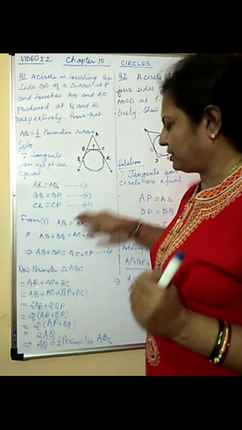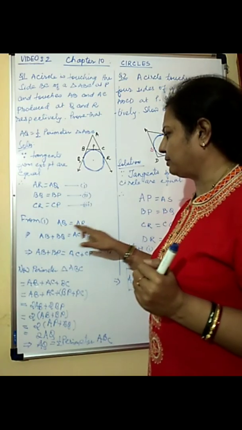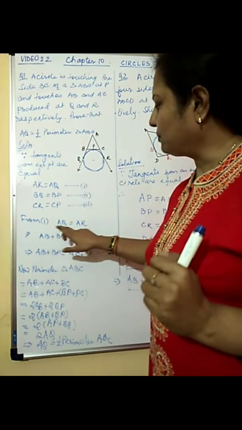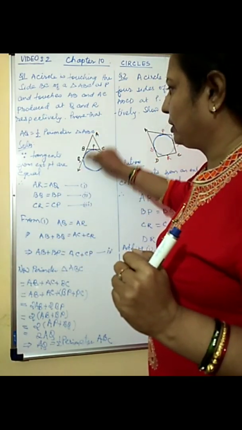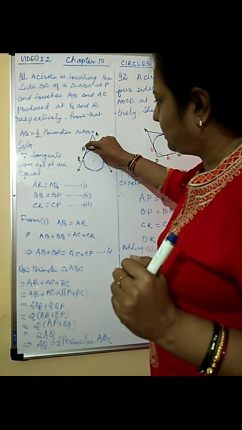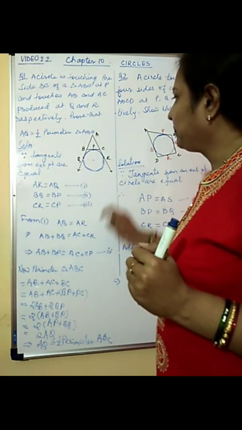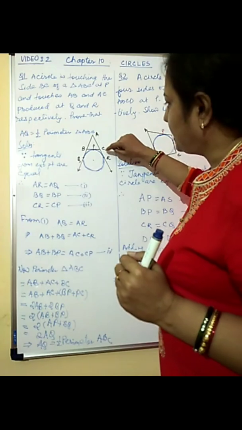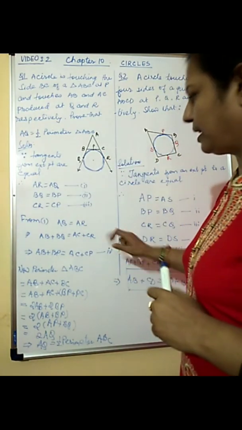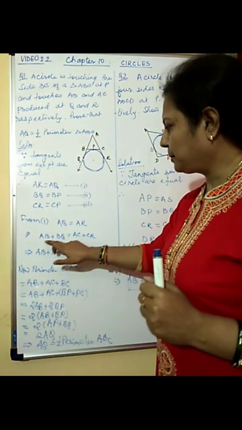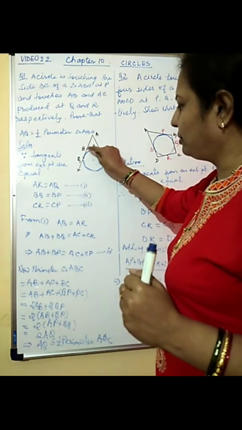Now from the first relation we got AQ is equal to AR. This would imply, what is AQ? If you look at the figure, AQ is equal to AB plus BQ. And what is AR? It is AC plus CR. Now BQ is also equal to BP.